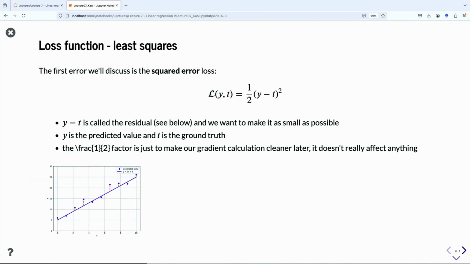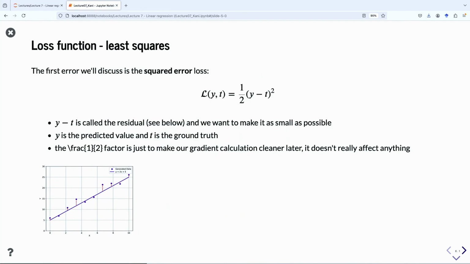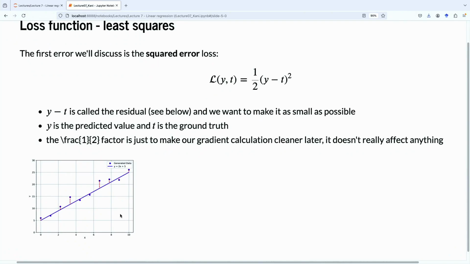So we introduced this function last time, but it's always nice to refresh our memories. Namely, we have a loss function, the least squared loss function, that is, the squared error loss function that's simply y minus t squared.